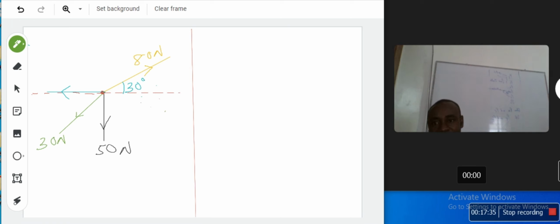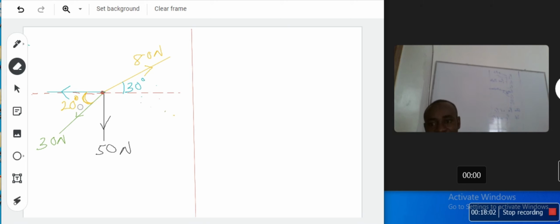And if it makes an angle of 20 degrees to the horizontal, it is always recommended that you measure to the same plane of reference, which is in this case horizontal. I will measure all angles to the horizontal axis, even if their values were given to the vertical. Okay, this is what I mean.